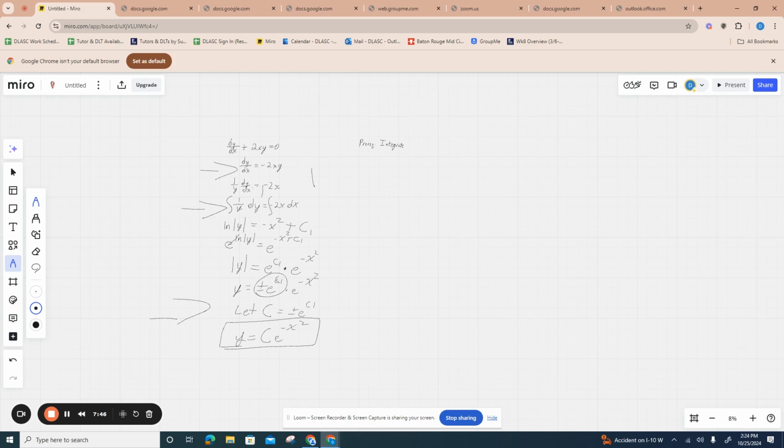And this is how you approach every separable differential equation problem: group the y's on one side, group the x's on the other, integrate both sides, and then isolate y. So that is the separable differential equations method.